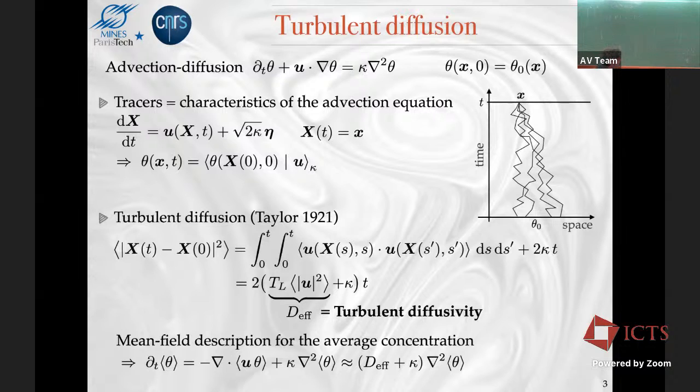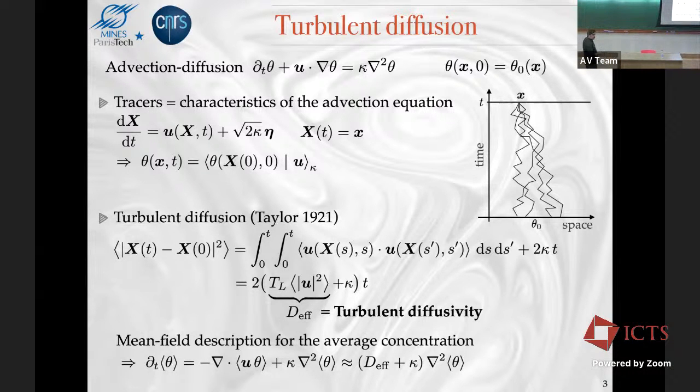So now this leads to a mean field description of the dynamics of the average concentration. The average concentration you can approximate as the solution to just a diffusion equation. This turbulent diffusivity will depend on the energy of the flow of the underlying fluid.